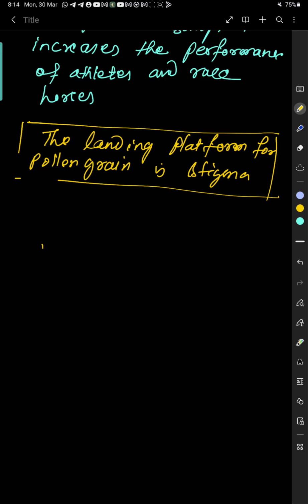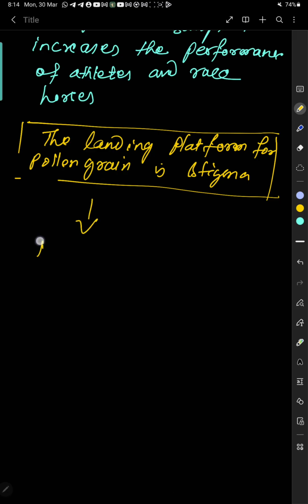So this pollen grain has viability, means how long they are having the ability to fertilize.